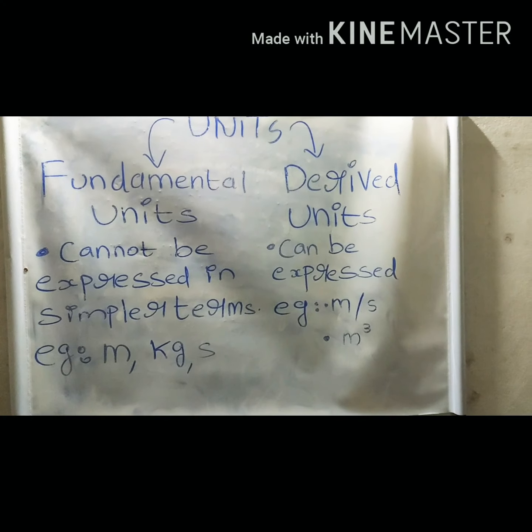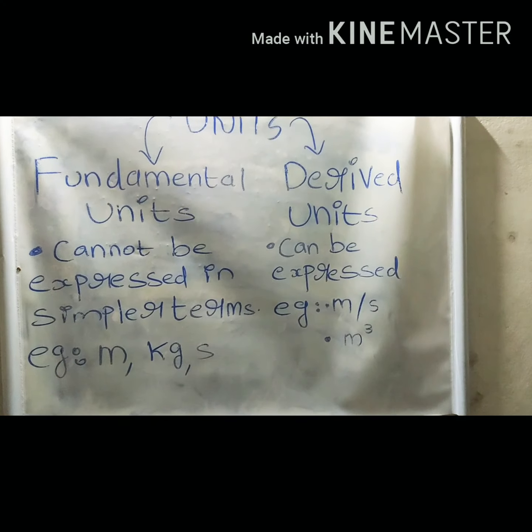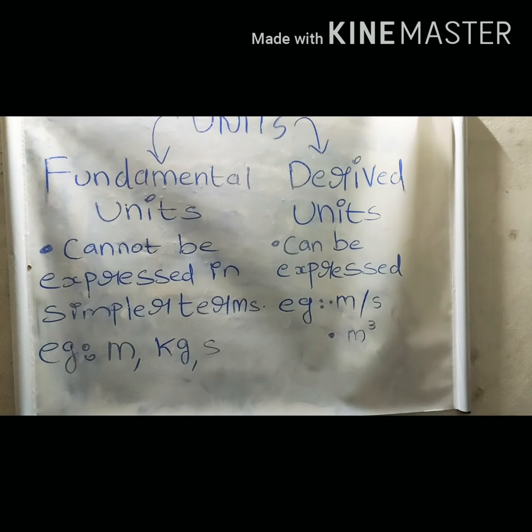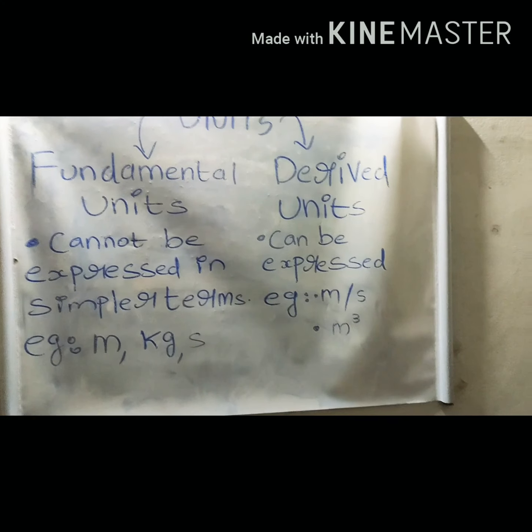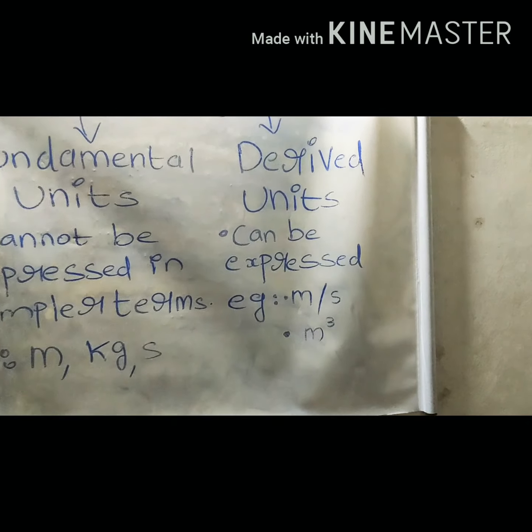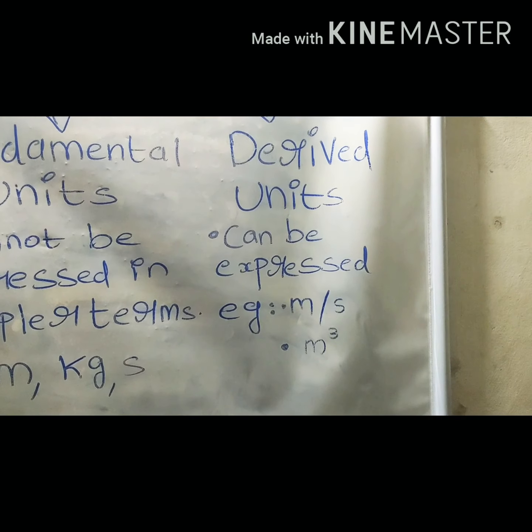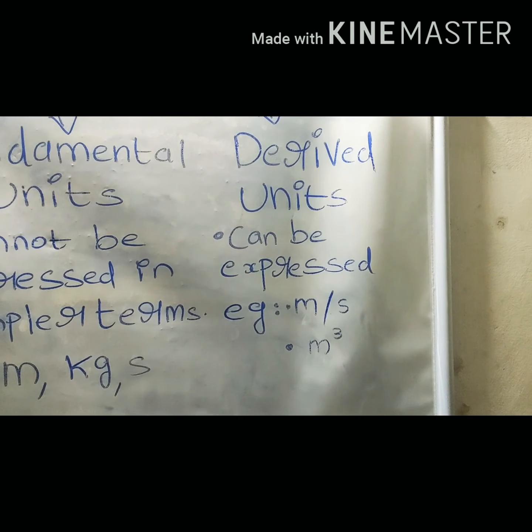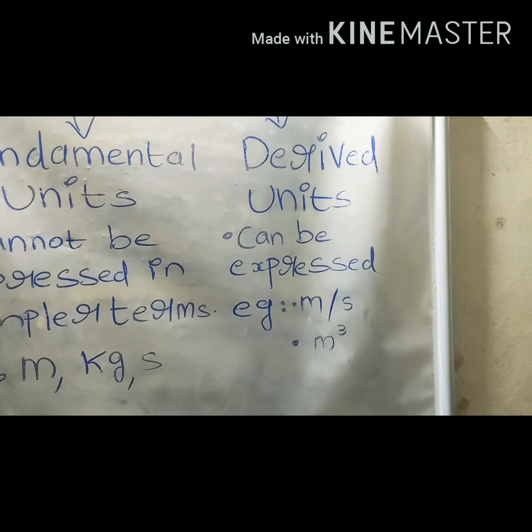So derived units are units which can be expressed in simpler terms. Example, meter per second. Second example, meter cube.